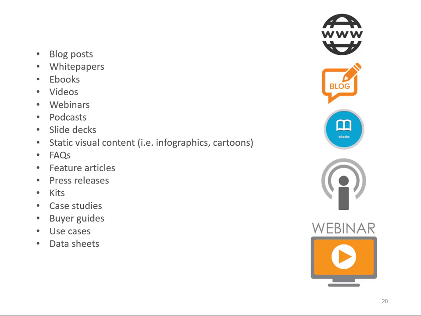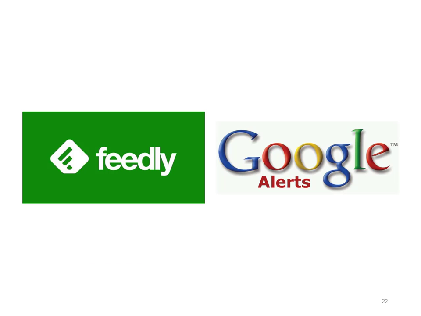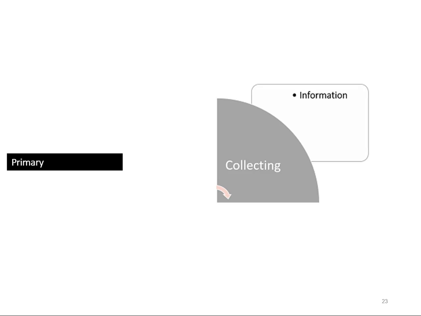And we could download that because it was free and open and take a look at what was going on and what was planned. I use tools like Hootsuite in order to monitor social media. Also get news updates from sources like Feedly and Google Alerts.